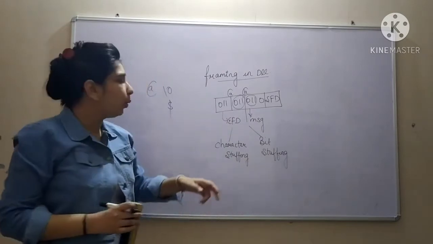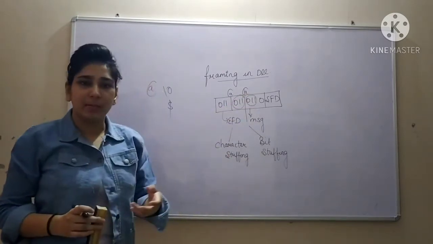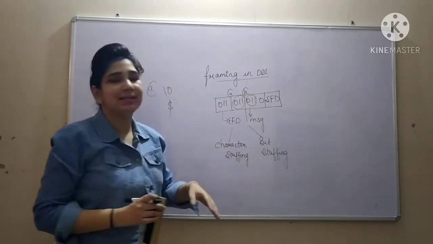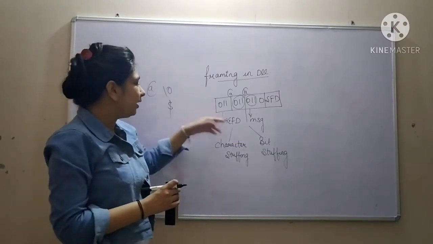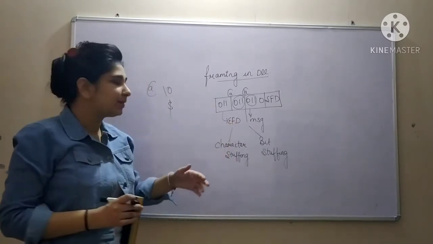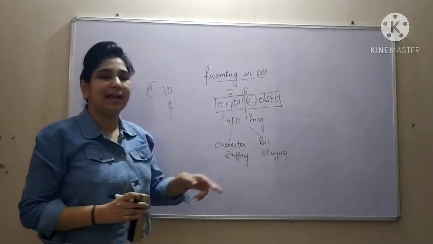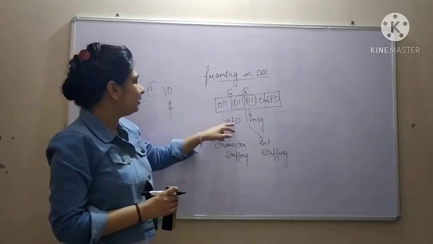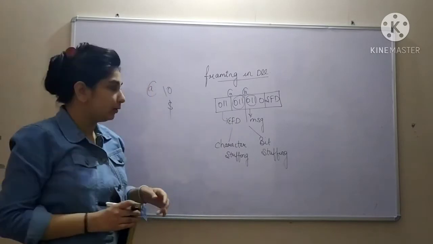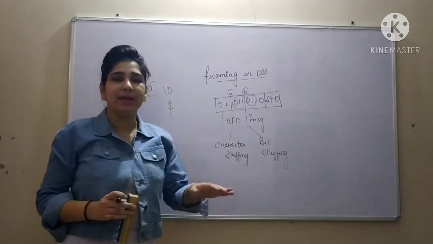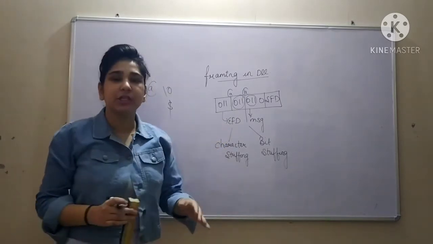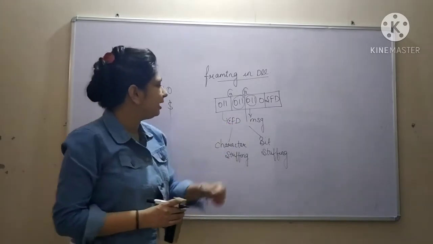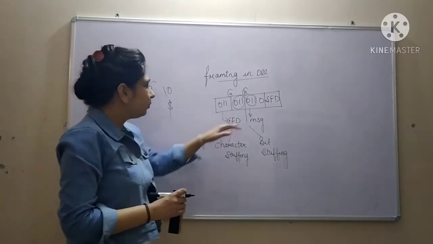If the @ symbol is coming before 0, 1, 1, you can say that this is a message bit. If there is no @ symbol coming before the end frame delimiter, you can say that it is the end frame delimiter. So now we can easily make a distinction between the end frame delimiter and the message bits.